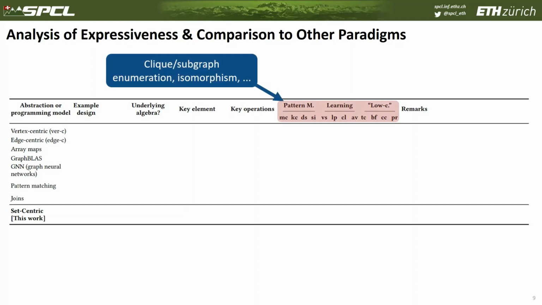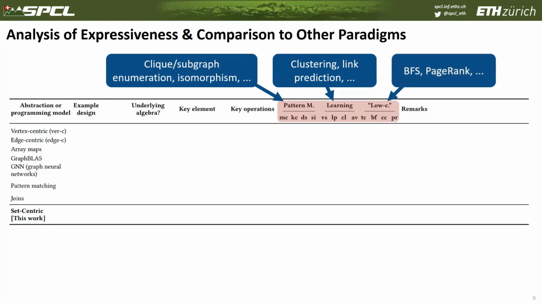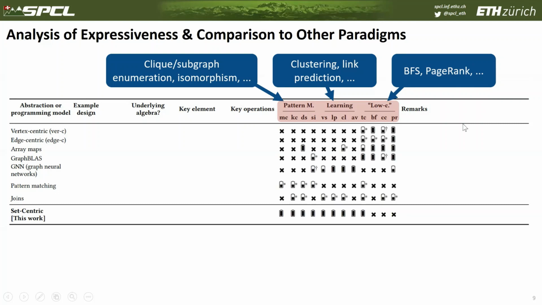We consider on one hand support for pattern matching problems in graph mining, such as maximal cliques, k-cliques, dense subgraphs, and subgraph isomorphism. We also consider different learning schemes, such as link prediction, clustering, vertex similarity, and others. And then we also consider simpler algorithms, such as the ones that were heavily researched in the past, namely triangle counting, BFS, connected components, and PageRank.